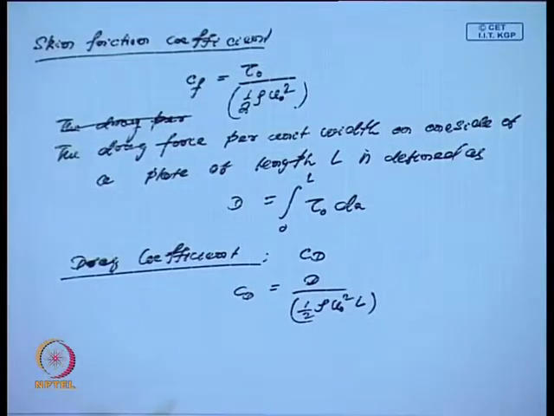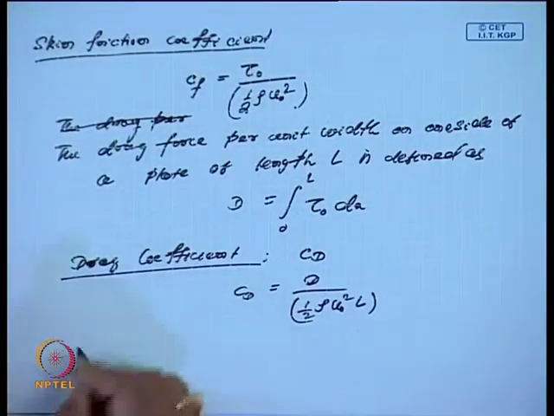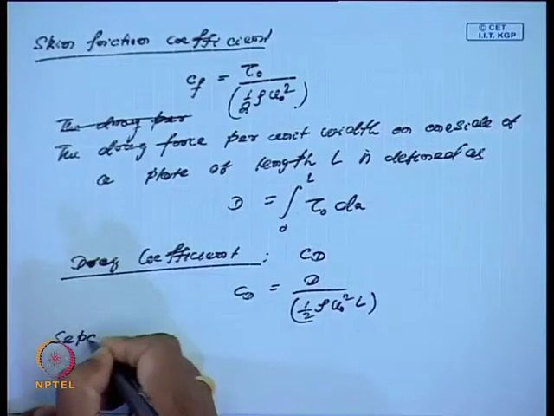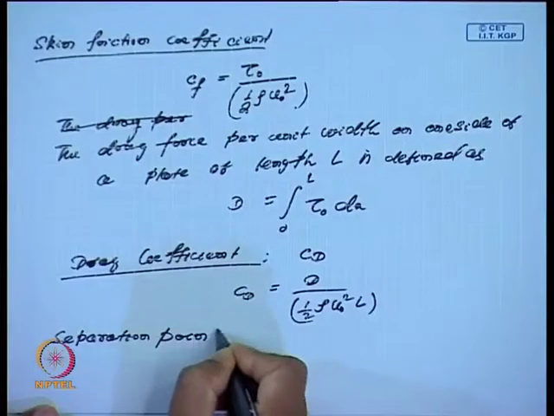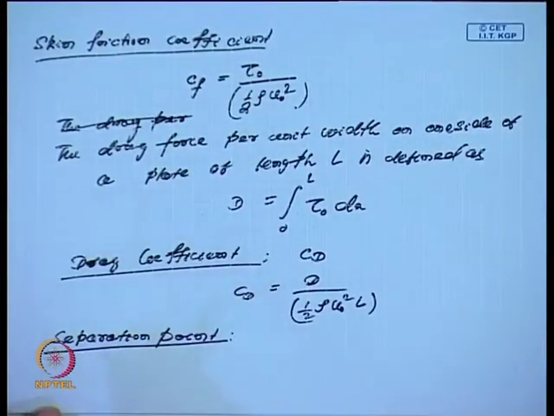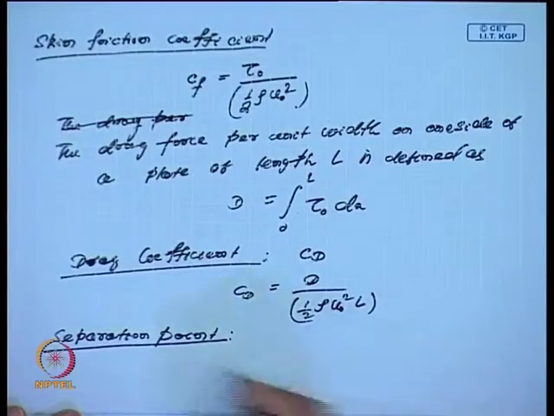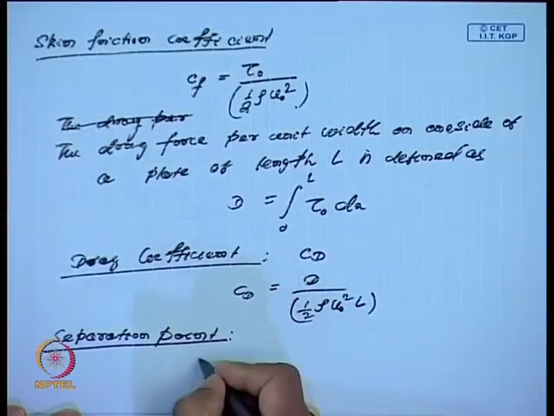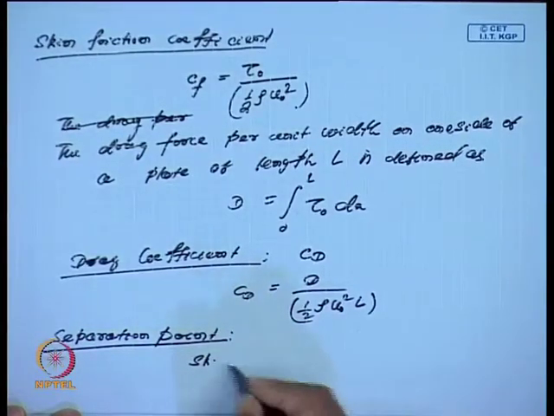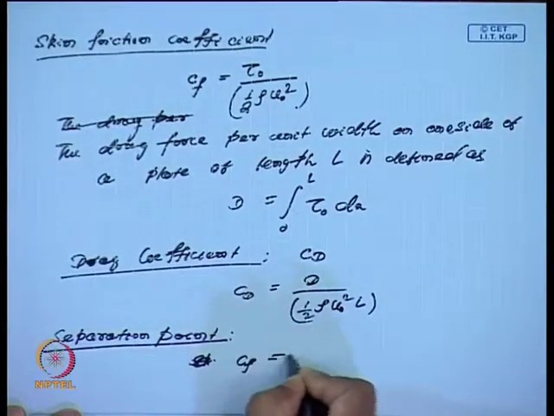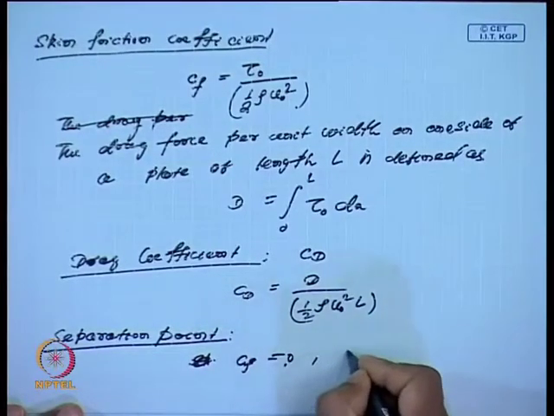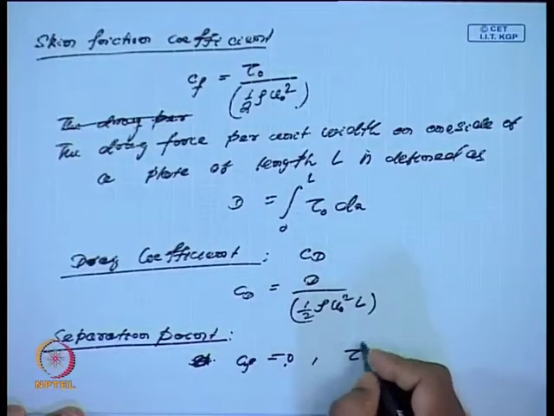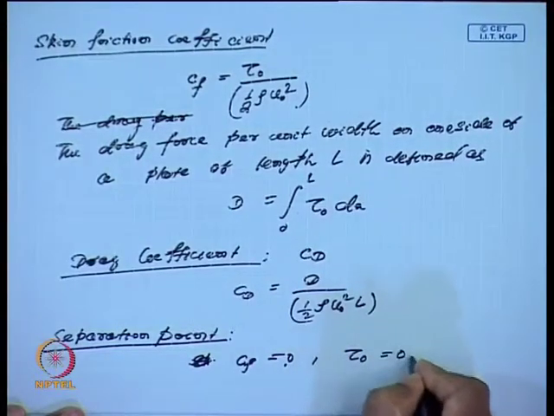Then we come to the separation point. The separation point is the point where the skin friction coefficient is 0, that means C F is 0, and in other words the wall shear stress or local shear stress tau naught is 0.